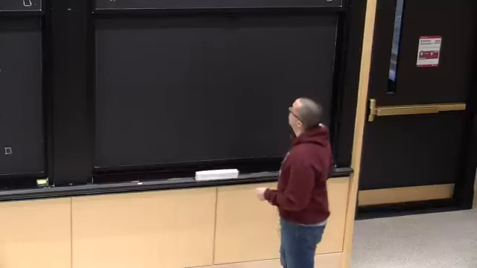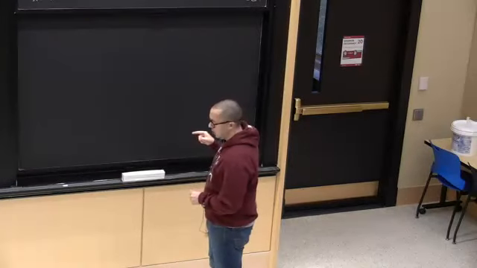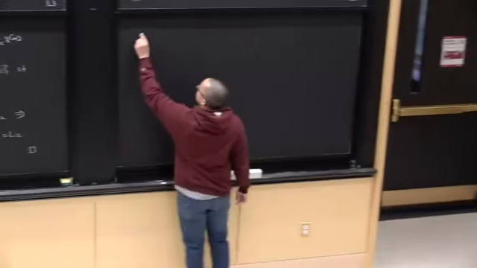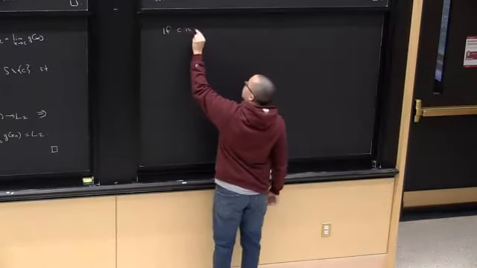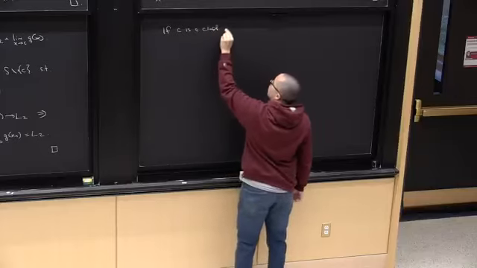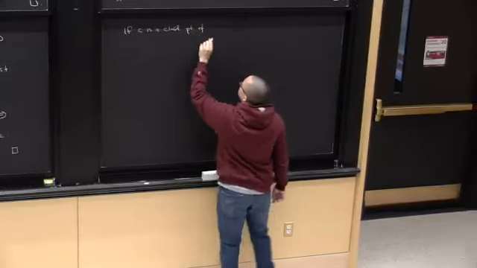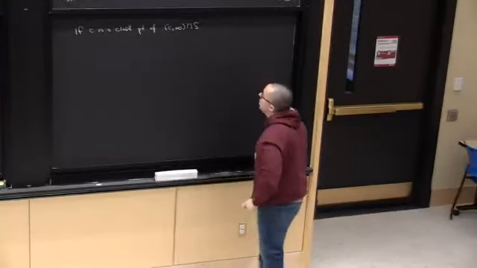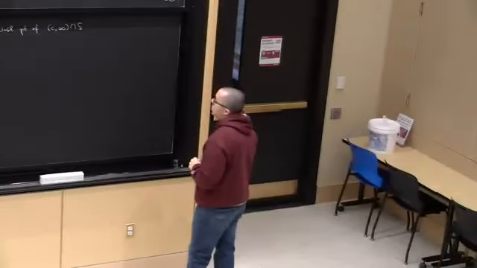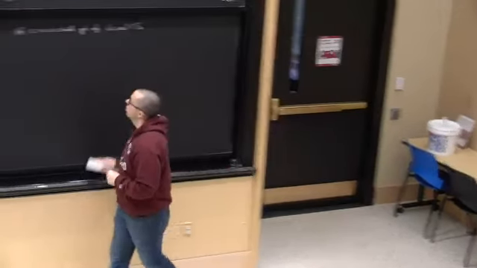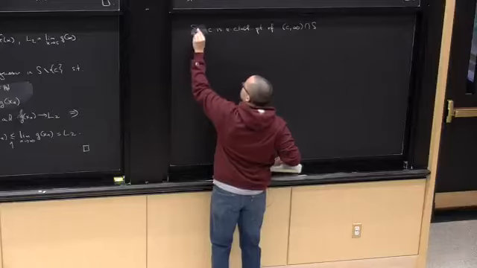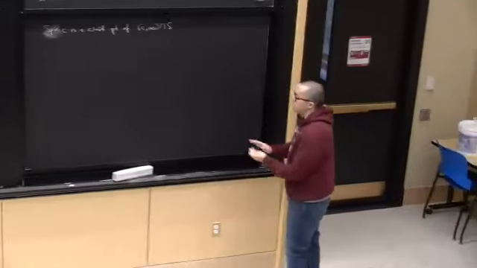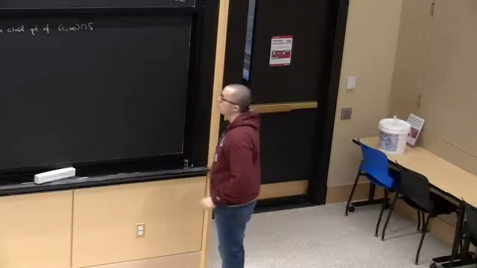And then we have an analogous definition for taking a limit of a function as x goes to c from the right. Suppose c is a cluster point of (c, infinity) intersect S, so now just taking S that's to the right of c.